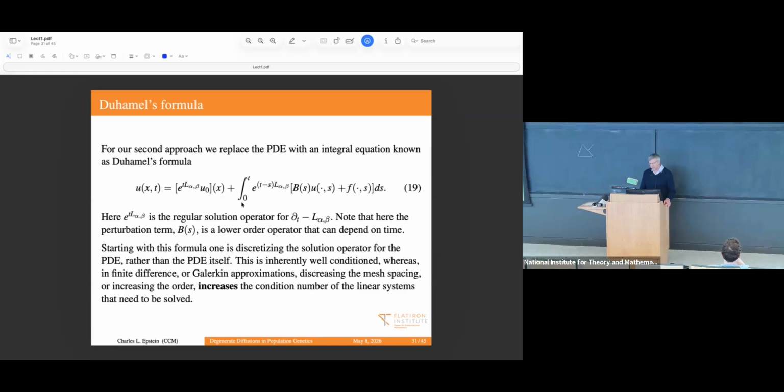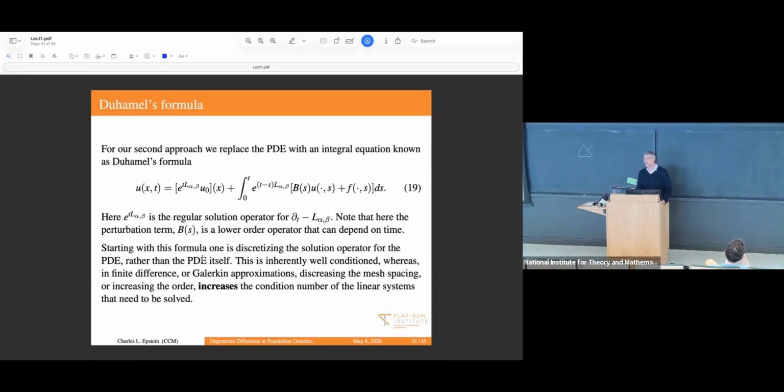And then we integrate from 0 to the current time this sort of correction term, which gives us the lower order correction terms and the inhomogeneity. And in our instance, e to the t L alpha beta will be the regular solution operator for the reference equation. Now, starting with this formula, one is discretizing the solution operator for the PDE.